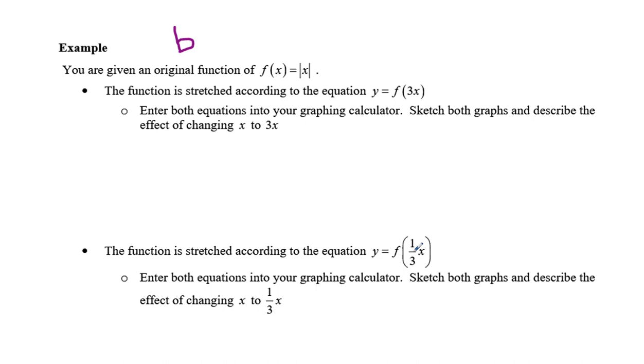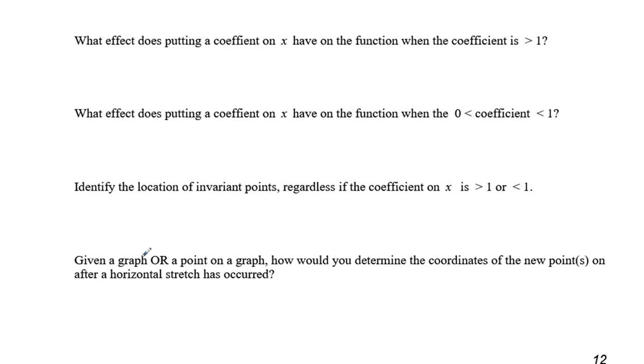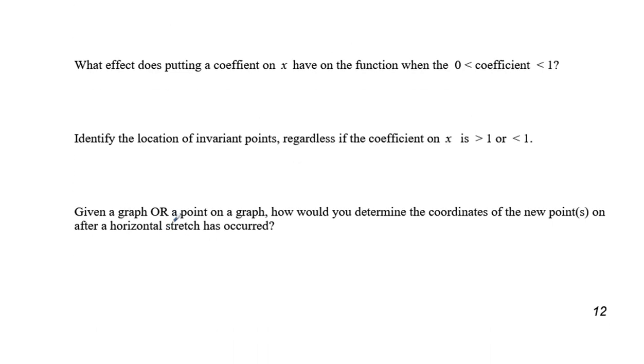Down here, all of my x values get multiplied by 3. What happens to the y's? Nothing. Because this is horizontal, it only touches x. Y is irrelevant in a horizontal stretch.